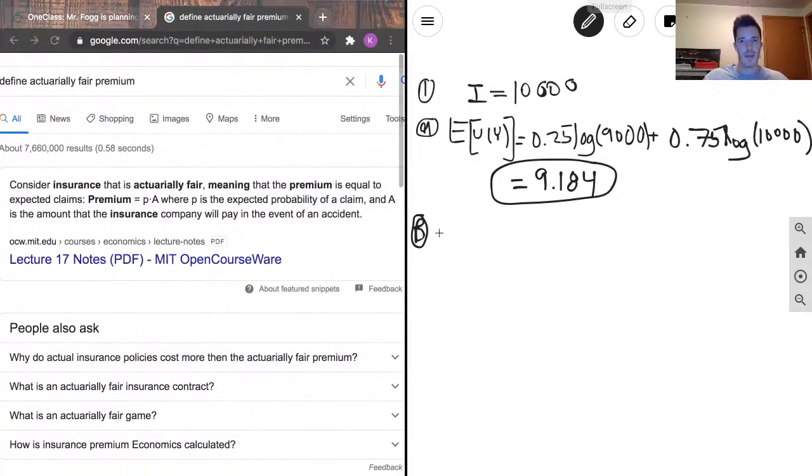It's equal to expected claims. So an actuarially fair premium is the one that is equal to expected claims.